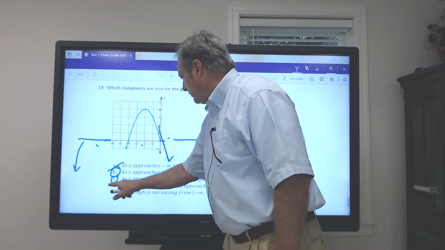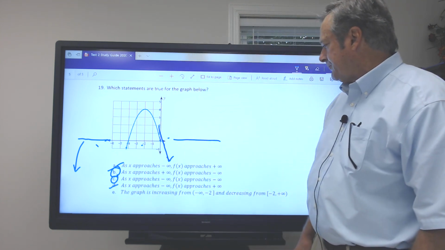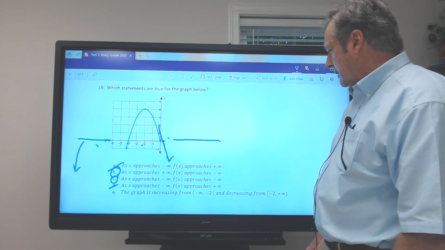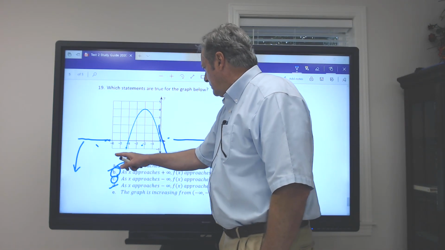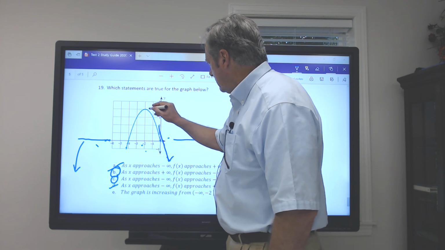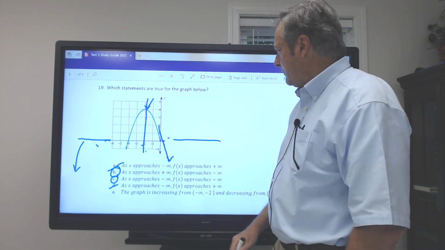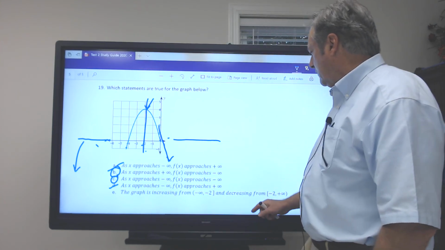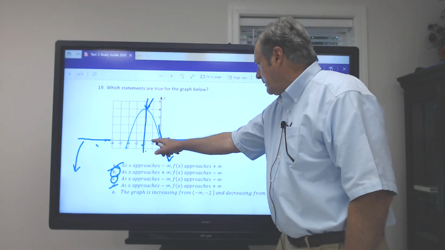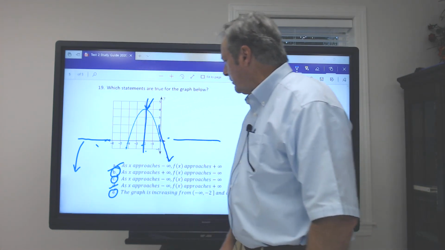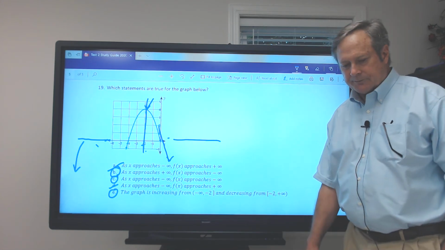No, that's not true because it's going down, not up. And then finally, E, the graph increases from negative infinity to negative 2. In other words, is that where it peaks out? Yes, where x is negative 2, and then from negative 2 to the right, it's going down. So those three are correct.